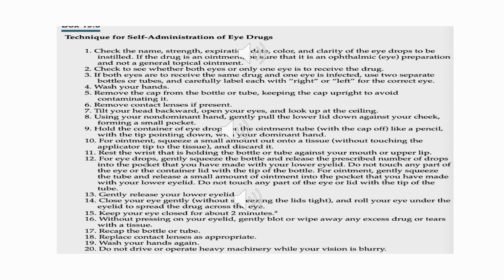Number 2, check to see whether both eyes or only one eye is to receive the drug. Number 3, if both eyes are to receive the same drug and one eye is infected, use 2 separate bottles or tubes and carefully label each with right or left for the correct eye. That is, if insurance will pay for 2, which is unlikely.